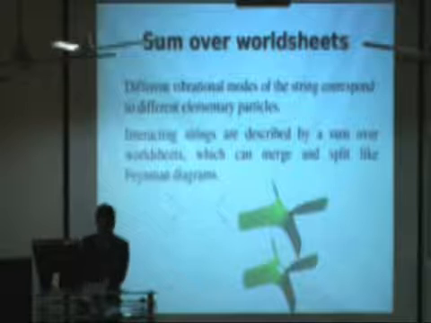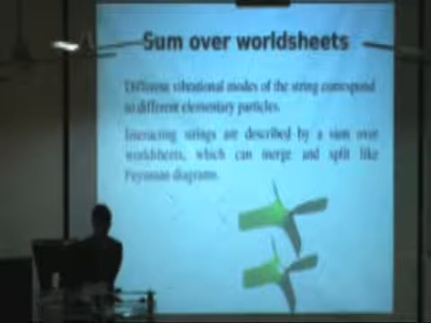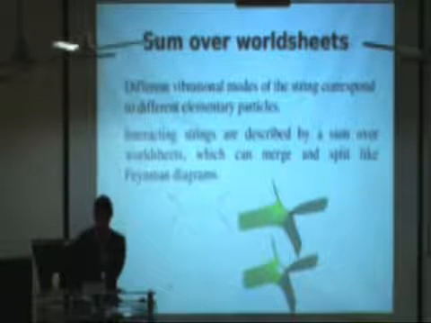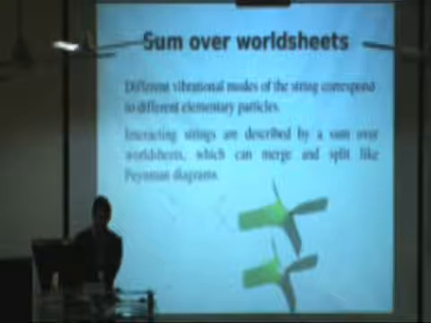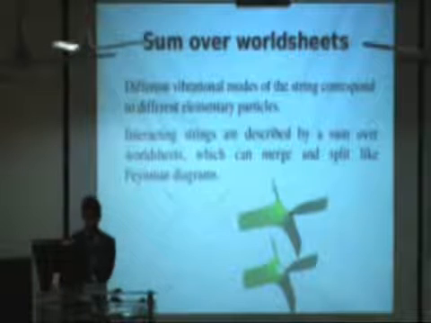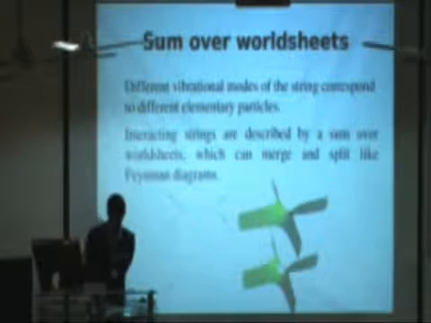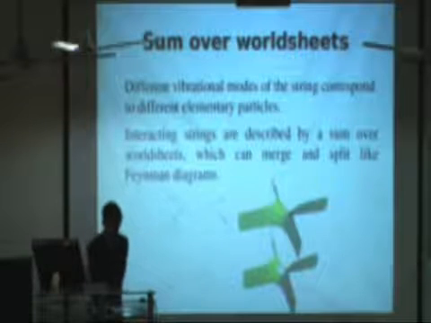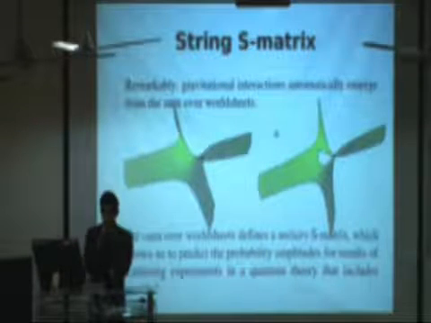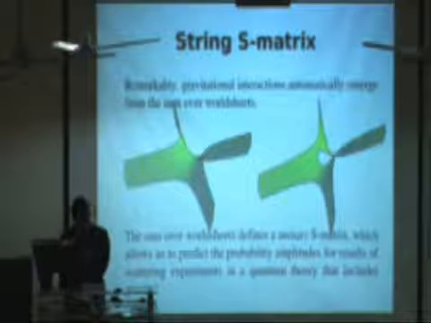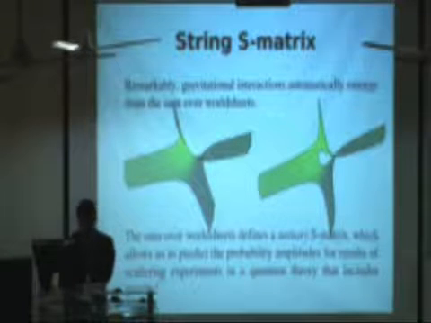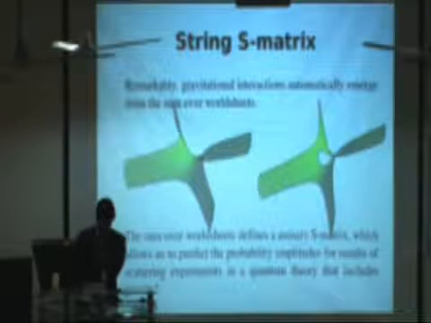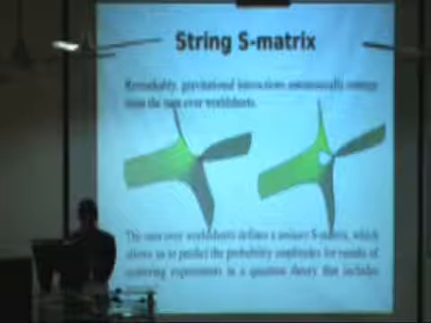More precisely, different vibrational modes of the string correspond to different elementary particles, but interactions are described by a sum over world sheets which can merge and split, just like Feynman diagrams. Remarkably, for reasons I won't discuss, gravitational interactions automatically emerge from the sum over world sheets.